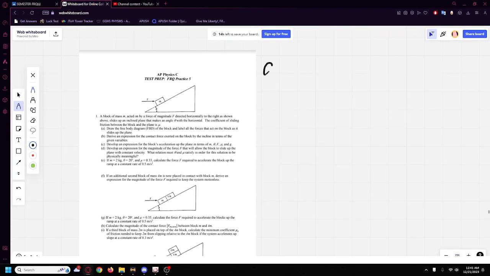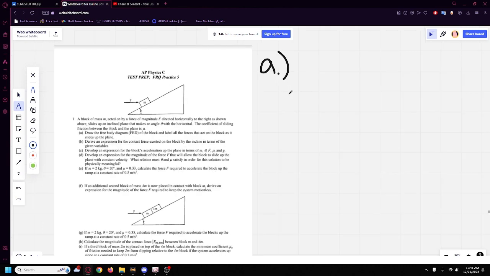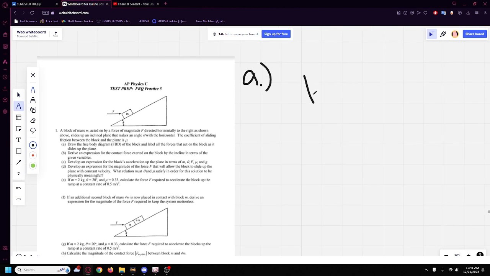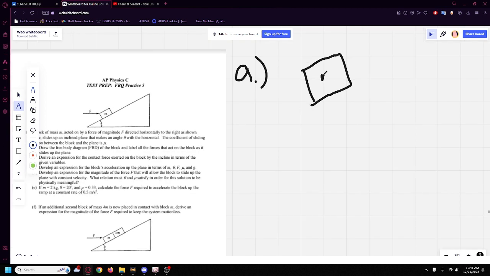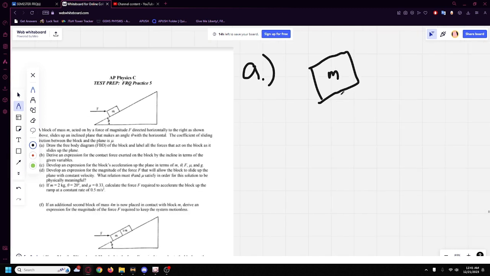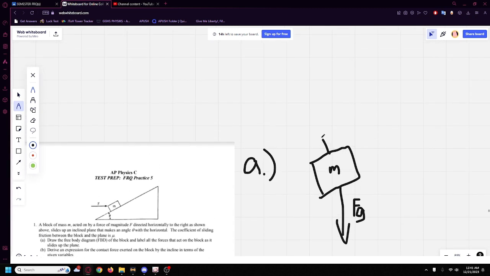So, part A asks for a free body diagram. That's the box. Acting straight down is F_g. Acting up, in that order, is F_N.